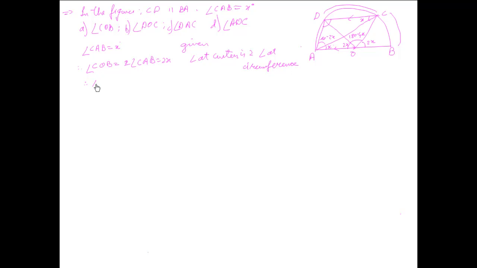Next, children, angle ACD is equal to angle CAB equal to x, interior alternate angles. Therefore, angle DOA is equal to twice angle ACD equal to 2x. Again, angle at center is twice angle at circumference.